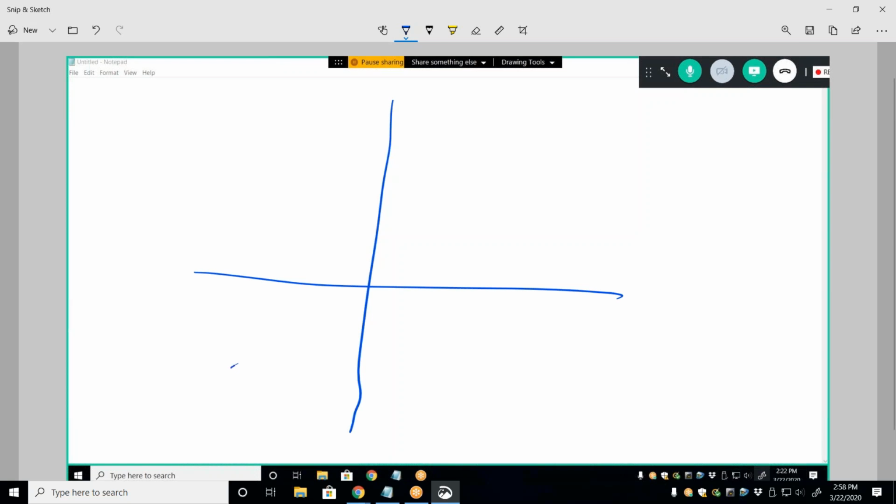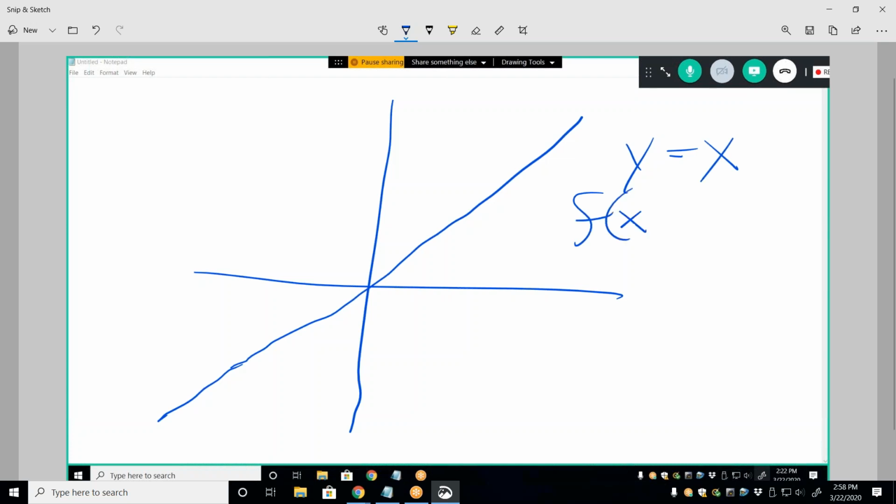Well, I was sitting there thinking, if I drew a straight line like that, you tell me, what's the symmetry on that line? I would say it would be the origin. Yes, it is. And that's y equals x. So that's f of x equals x. So what is f of minus x equal? Well, it equals minus x, which happens to equal minus f of x.